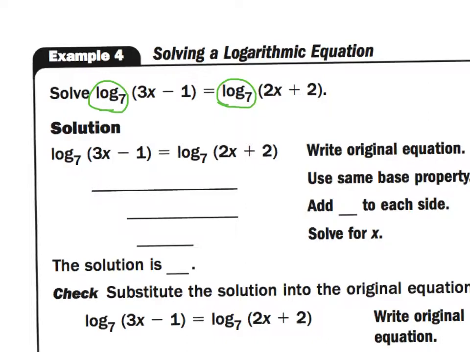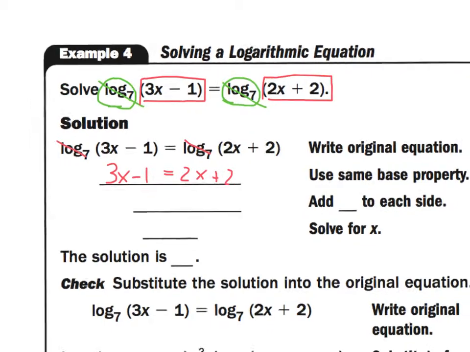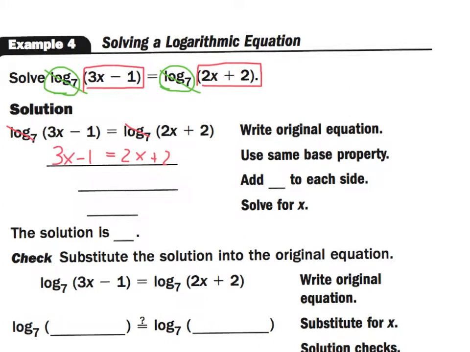So, effectively, we are ignoring them and focusing our attention on these guys here. So, those two can now be equated, so those drop out, and I bring down the 3x minus 1 equals the 2x plus 2. So this is called the same base property, that since they have the same base, then we can just effectively ignore the logs with base 7.